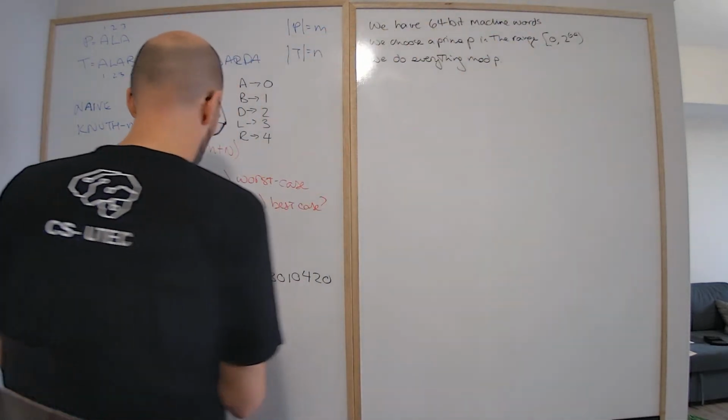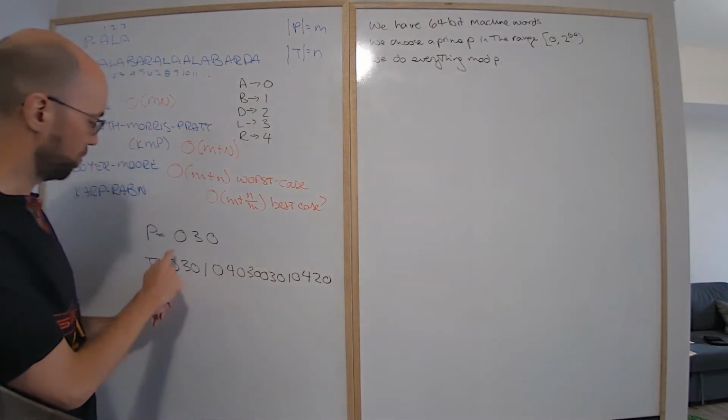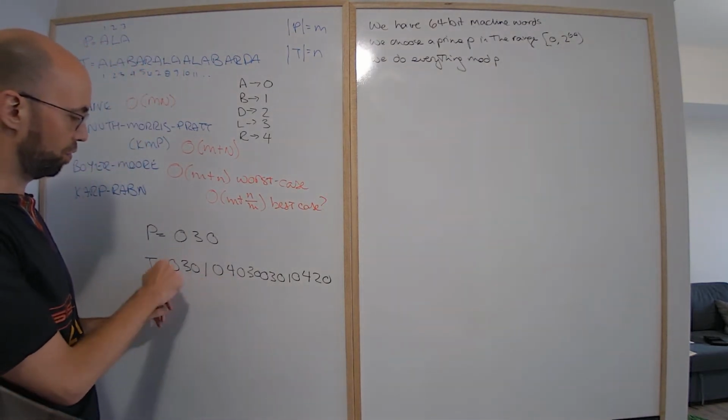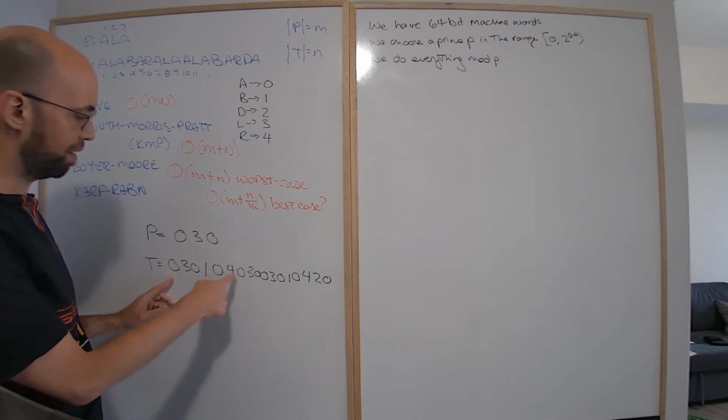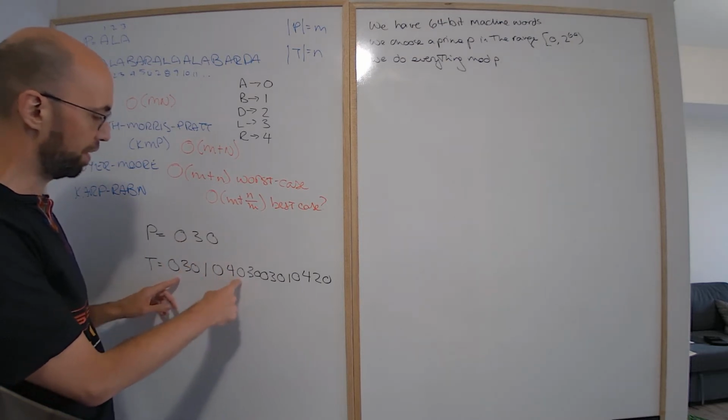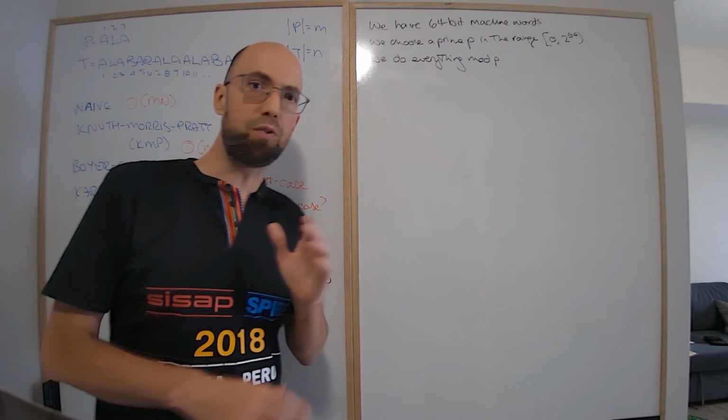And now, whenever you slide the window along, remember you knock off the first digit by doing a subtraction, then you multiply by 10, then you add the next digit, and then you do mod P, to make sure that nothing gets too big.